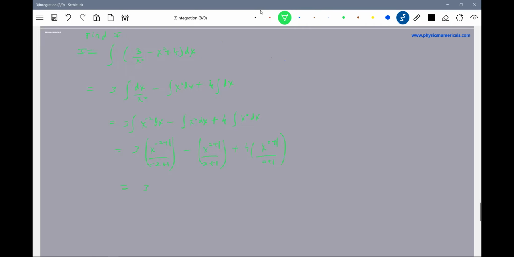So 3 x to the power of minus 1 all divided by minus 1, minus x cubed by 3, plus 4 x by 1. This will be minus 3 by x minus x cubed by 3 plus 4x. Look here, we ended up with an expression.